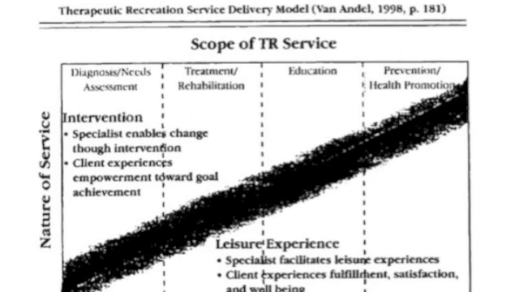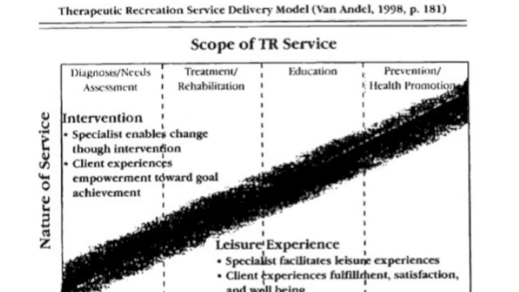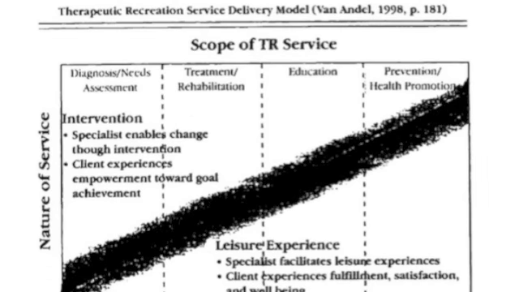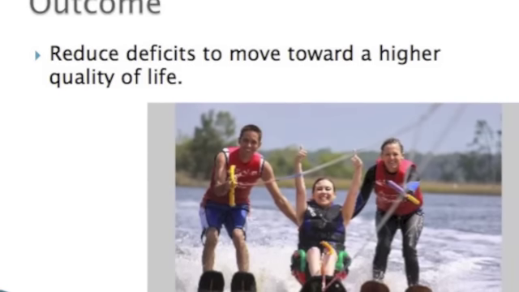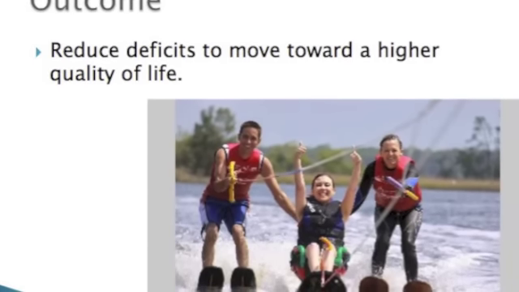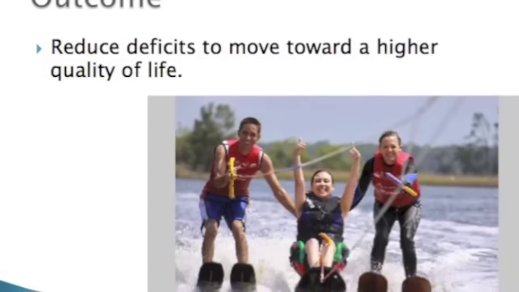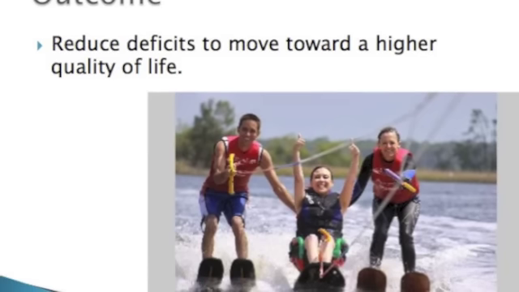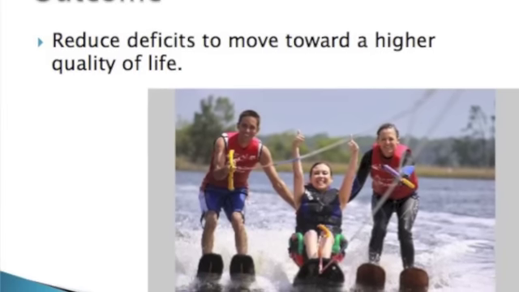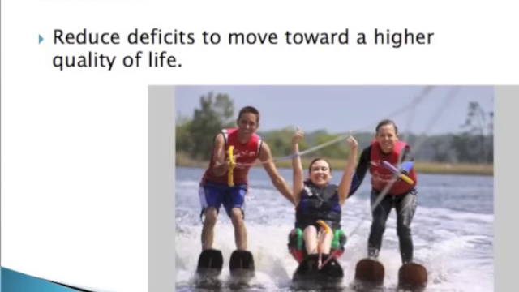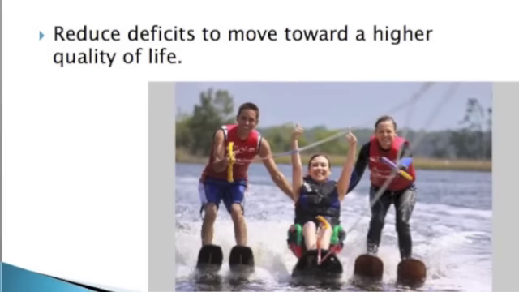As the client's attitudes improve, they gain more self-confidence and are better able to utilize the services, thus improving the overall quality of life, as is seen in this diagram. As we mentioned in the previous slide, the outcome of the service delivery model is to reduce the deficits and move toward a higher quality of life for the participants or clients.